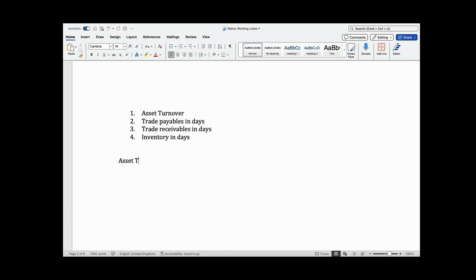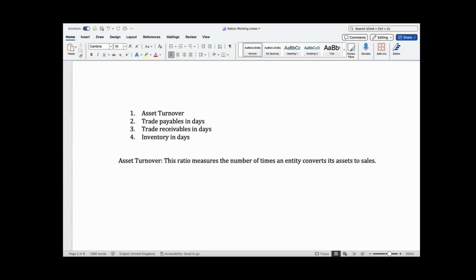So the first one is asset turnover. This ratio measures the number of times an entity converts its assets to sales.